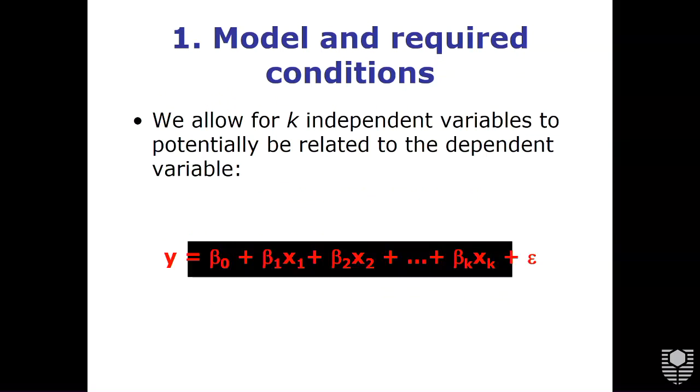We have beta 0, y equal to more than one independent variable. For example, when we predict the price of the car, we used the odometer last week, in model 9.